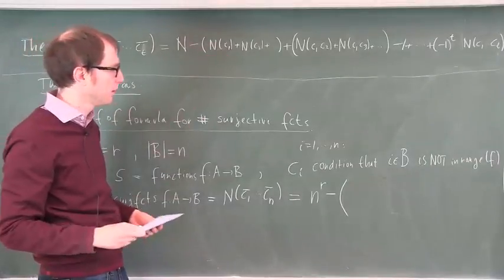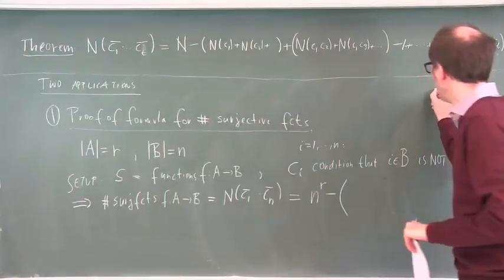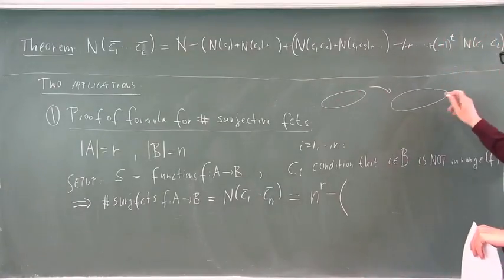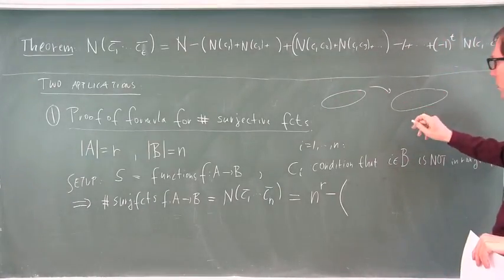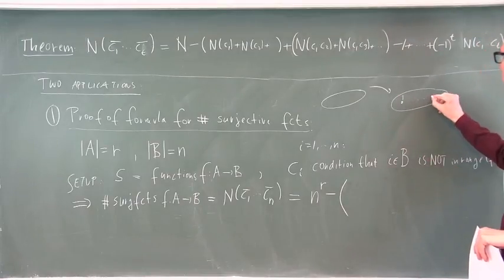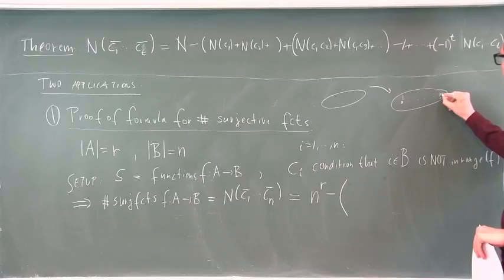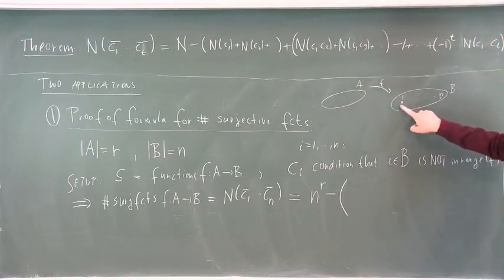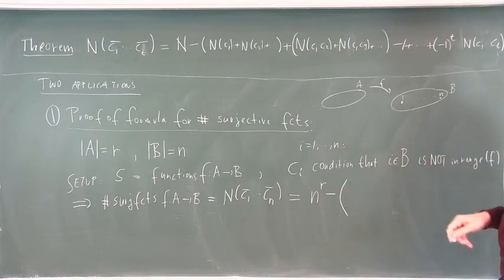Okay, N of C1 are the functions going from A to B, where we have n elements in B, and the first element is not in the range.